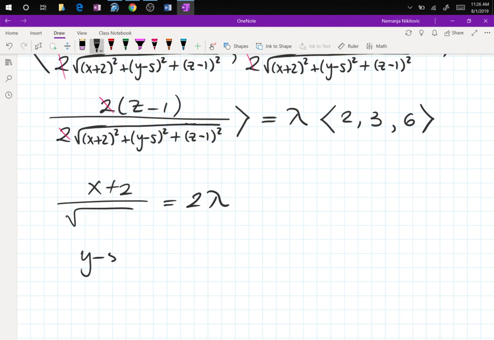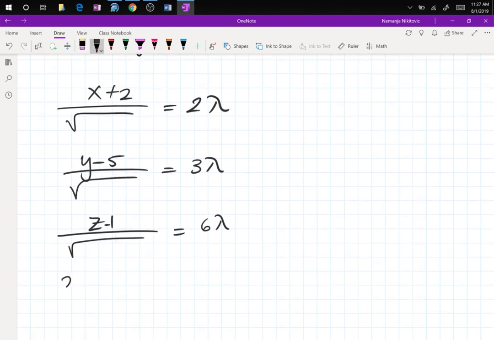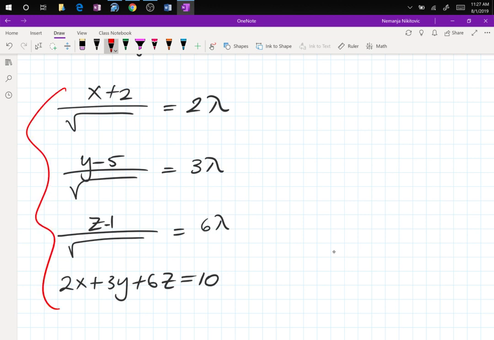Y minus 5 divided by the square root is equal to 3 lambda. And z minus 1 divided by the square root is equal to 6 lambda. And I have 2x plus 3y plus 6z equal to 10. So this is my system here, and I just need to solve it.